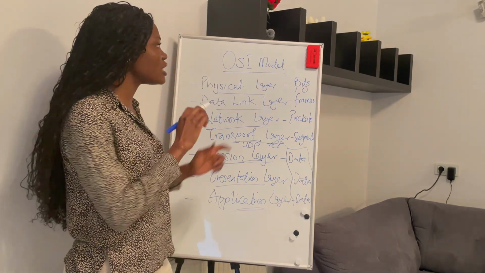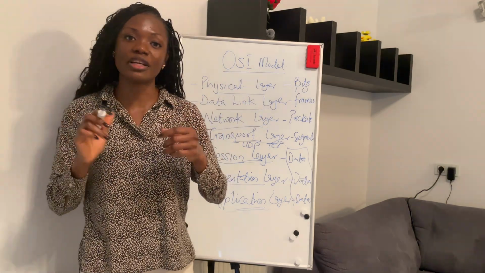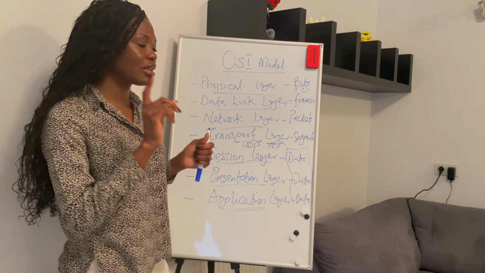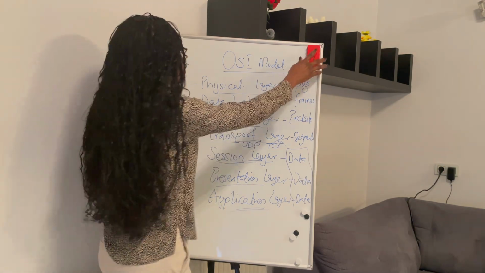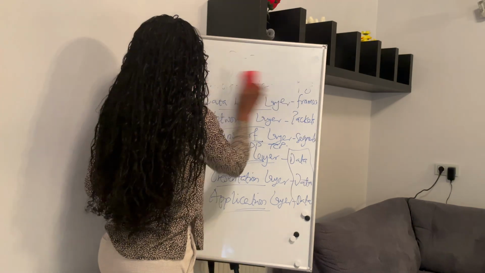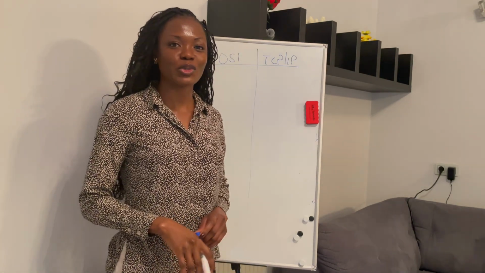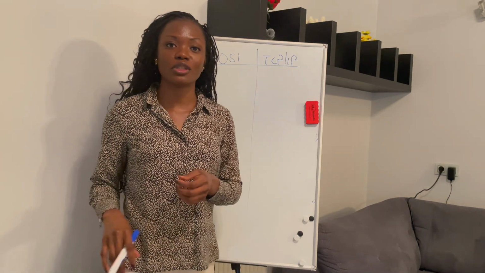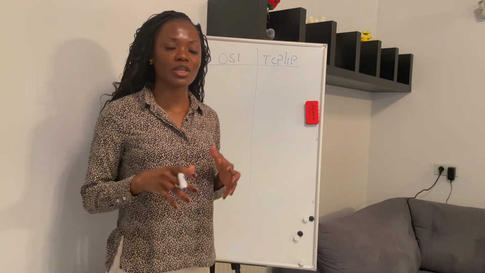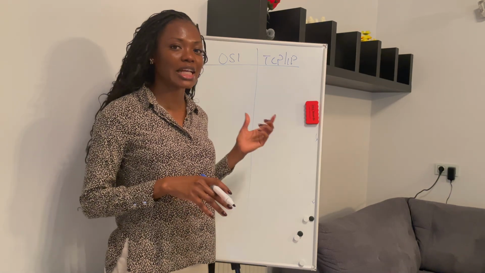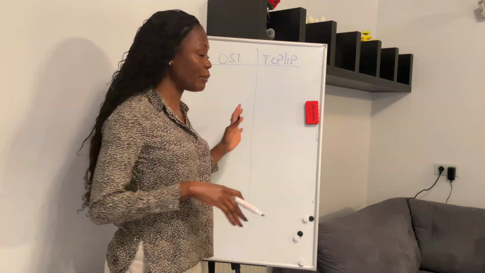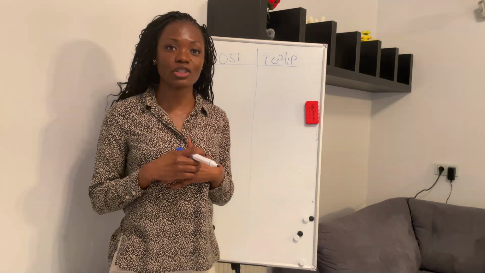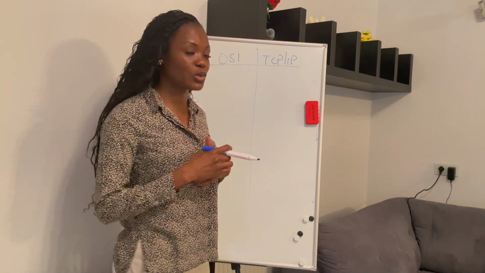And then, how this OSI model is different from the TCP/IP model. Basically, like I explained what the OSI model means, because the TCP/IP model is also a model that people talk about when you explain the OSI model, I will try to show you the difference between them, and I would also explain in a simple analogy what that difference means.